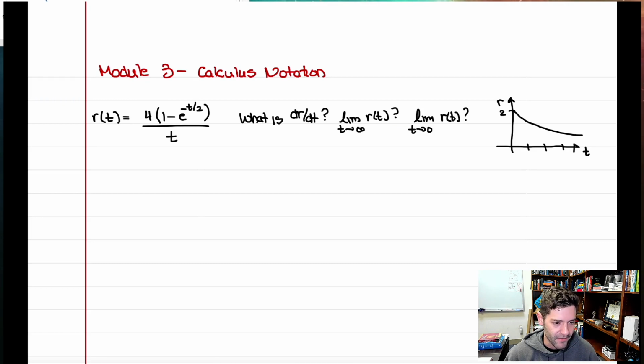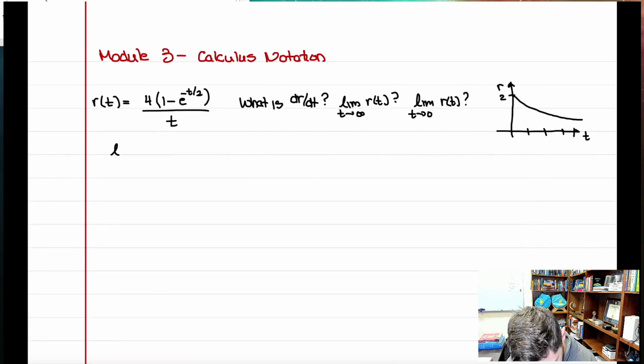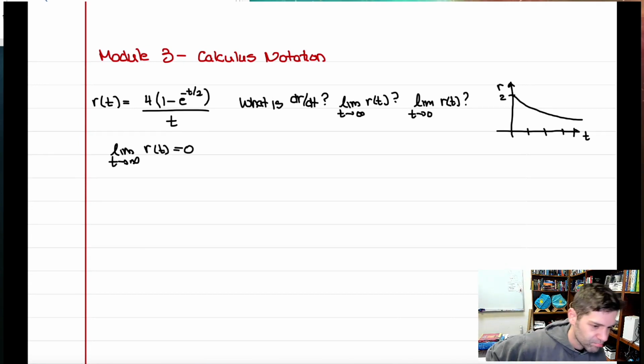That's a good thing to always have in mind: e to the minus t is always going to kill off as t gets really big. So the numerator looks like it's going to a constant, and the denominator is getting bigger and bigger, so I expect this entire thing is going to go to 0 at the end of the day. So the limit as t goes to infinity of this function, I expect to be 0.